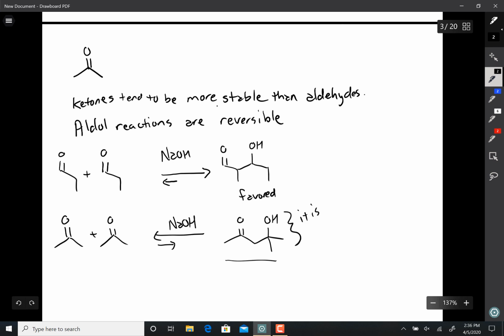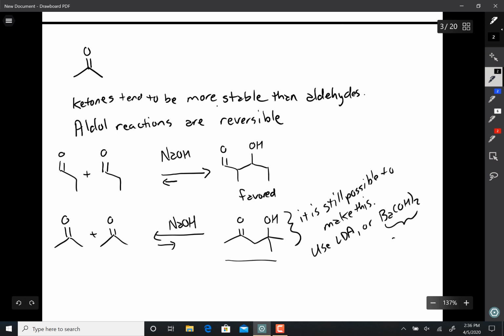It is still possible to make this. Typically use LDA, or you can use barium hydroxide.